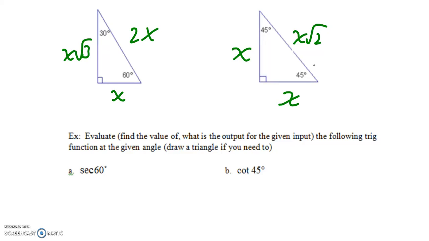I am going to ask you to pause the video and try these first, but before I do that, I want to remind everyone that the reciprocal of secant is cosine. So you might consider finding the cosine first and then finding the reciprocal. And the reciprocal of cotangent is really tangent. So you might want to consider finding tangent first and then finding the reciprocal.